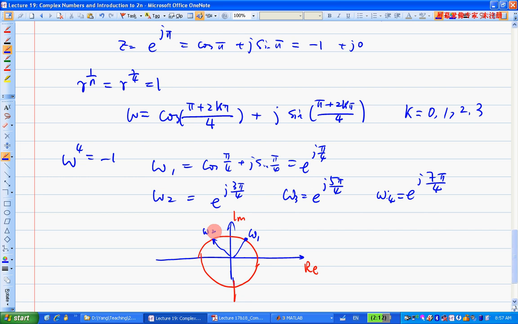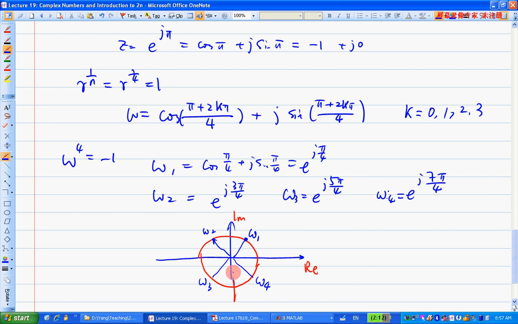So this is W2. And W3 is going to be here, and W4 is going to be here.